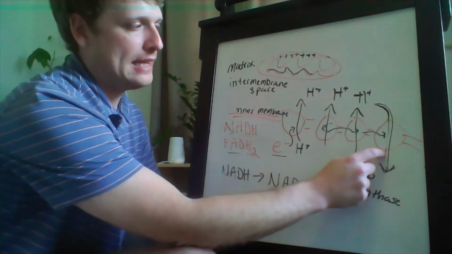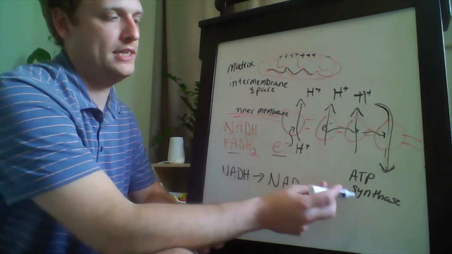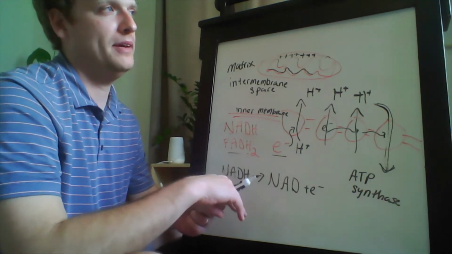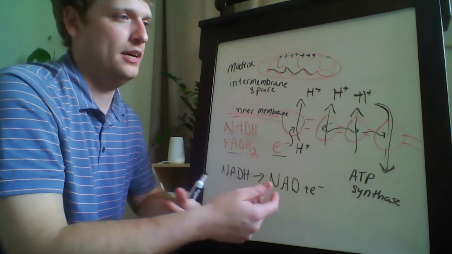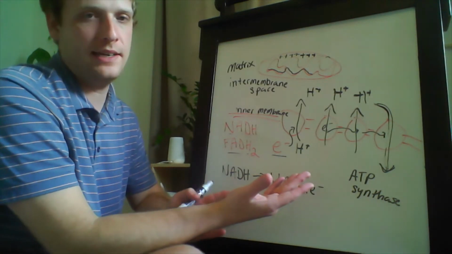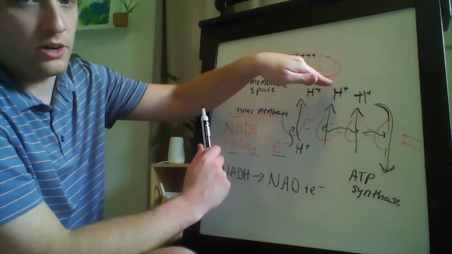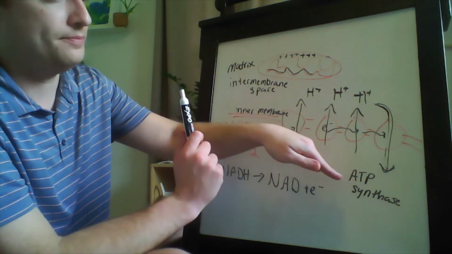So this last protein here that hydrogen flows through, ATP synthase, it's functionally equivalent to a turbine in a hydroelectric dam. So what happens in a dam? You have lots of water on one side of the dam, not as much water on the other side.